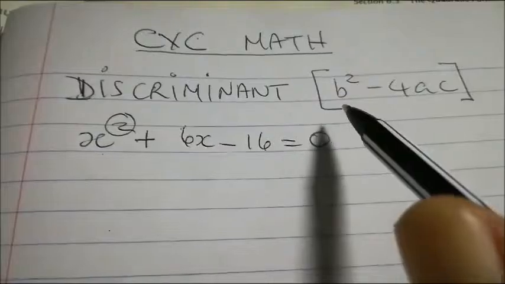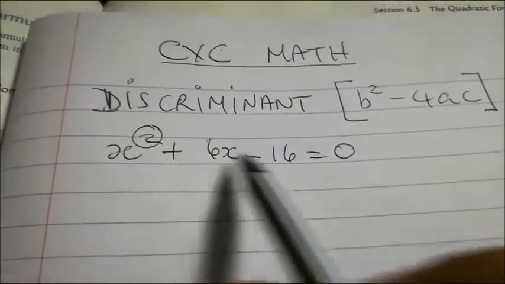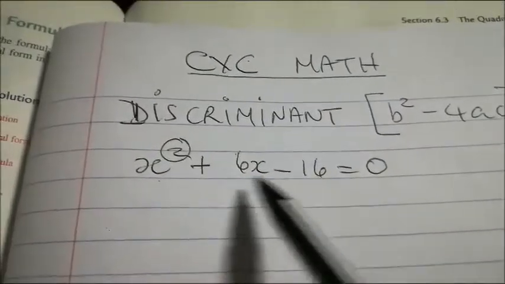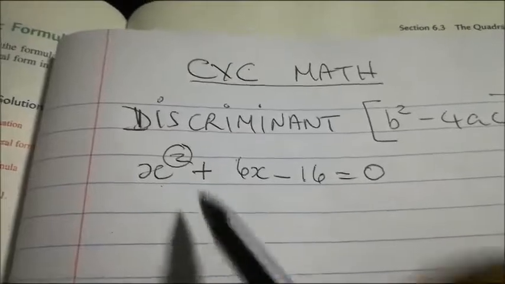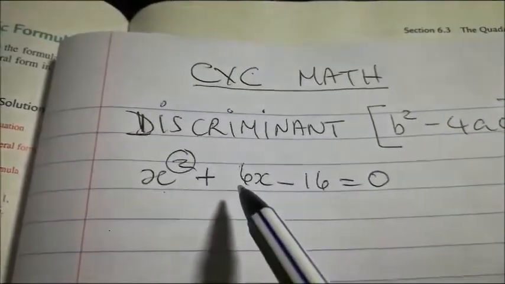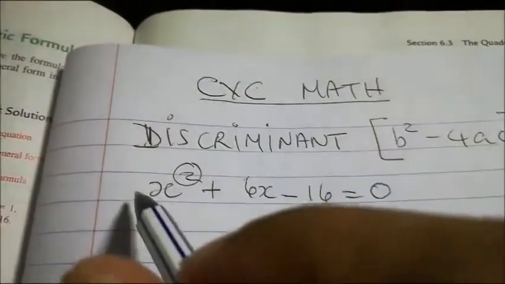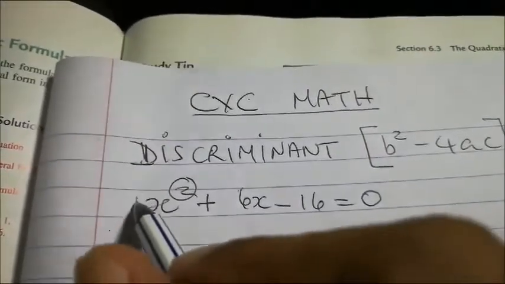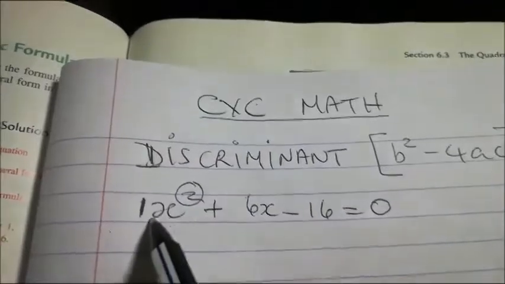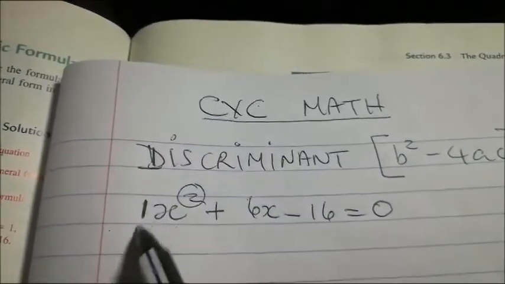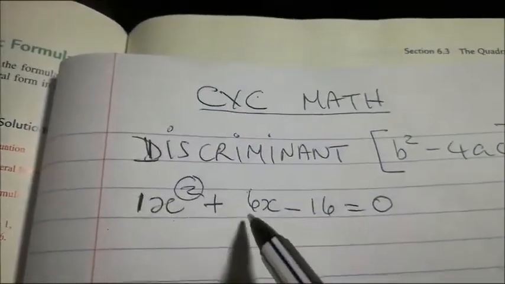So we're going to use this discriminant now to determine how many values we can get from this. And then we're going to use a formula now to solve for x, right? Normally this is a 1. Whenever you don't see a number before the x squared, it is assumed to be 1.